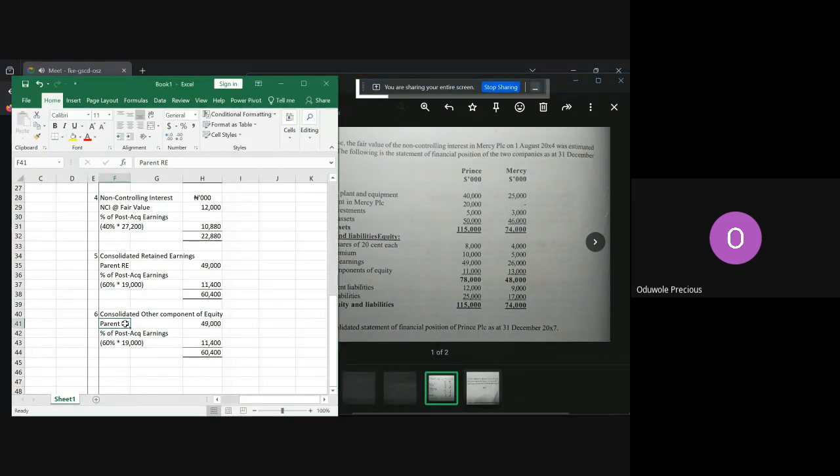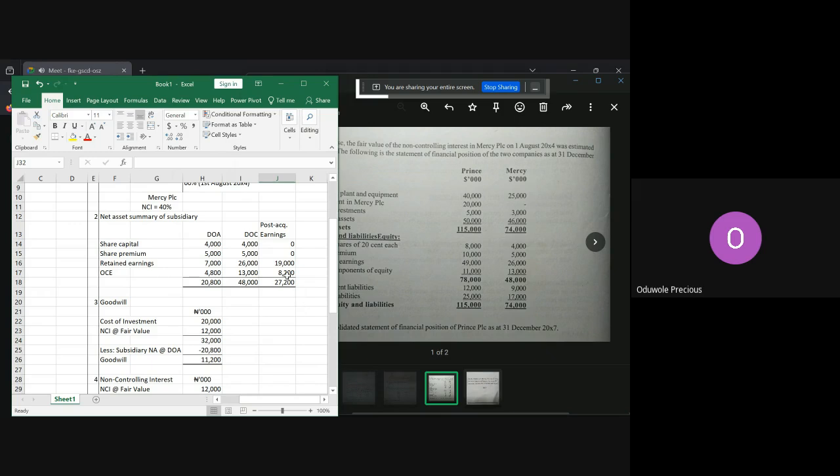So this one will be 11,000. Then this one will now be 60% of what?